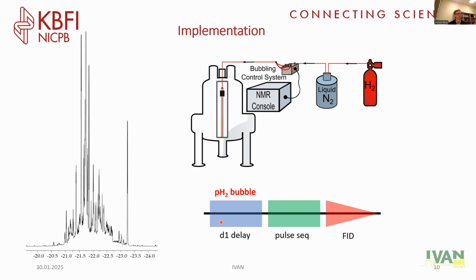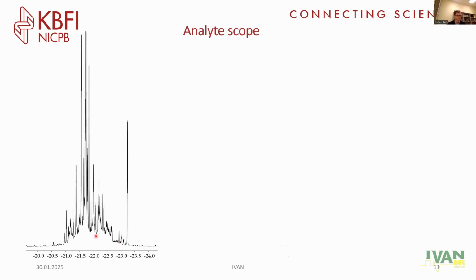And well, when we use that same urine sample that I showed before in the shake and drop SABRE experiment, and we do this and detect the hydride chemical shift region, this is the response that we get. Every analyte that binds iridium gives rise to at least 2 doublets, meaning that if we count the number of doublets here and divide it by 2, we get a rough approximation of how many metabolites we are detecting.